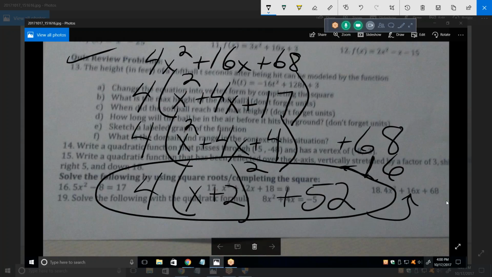So all we've done is basically put that quadratic into vertex form. That's really what we did, and we did it by completing the square, basically using the exact same process as we did for 13a, where we took a quadratic and completed the square of it. Okay. All right.